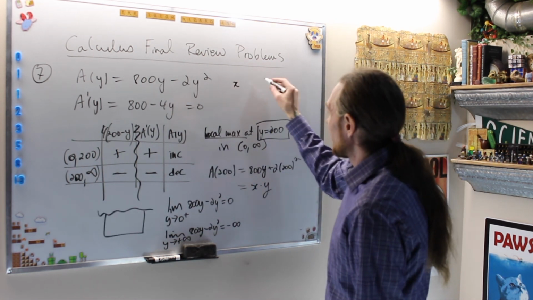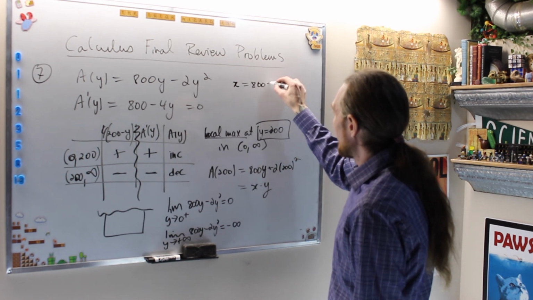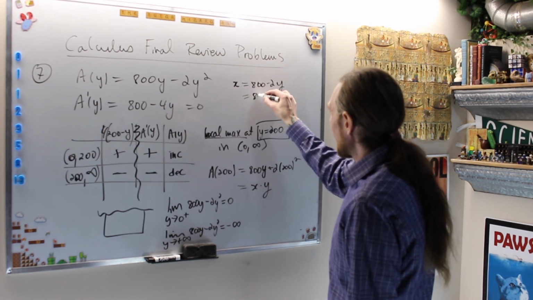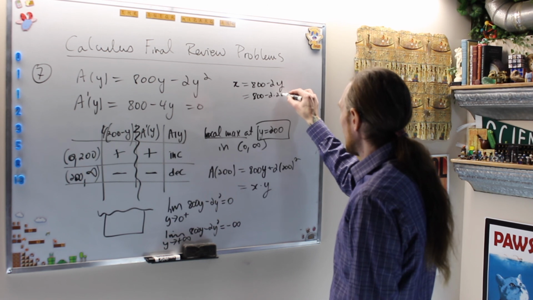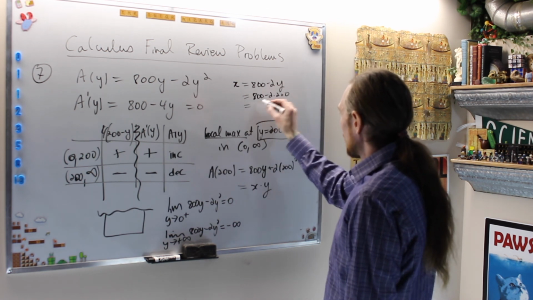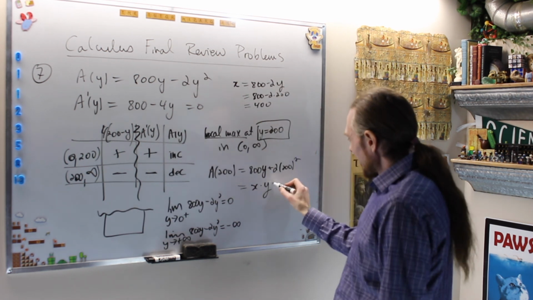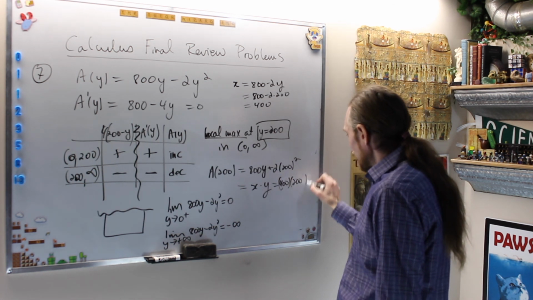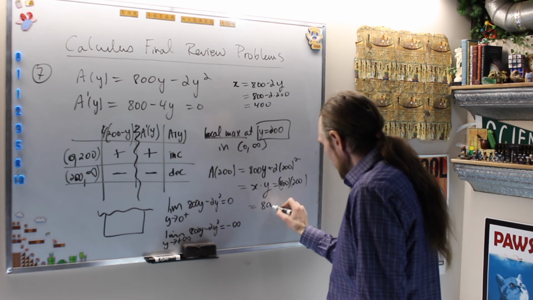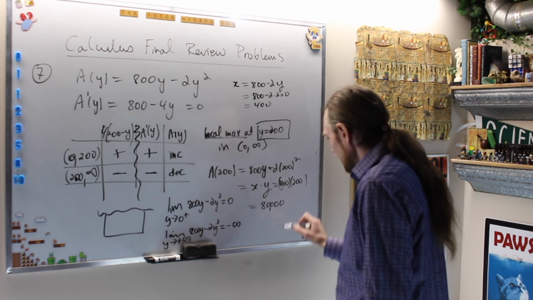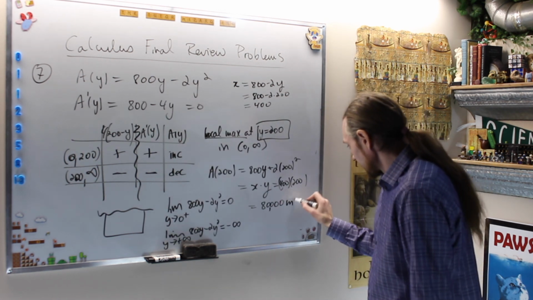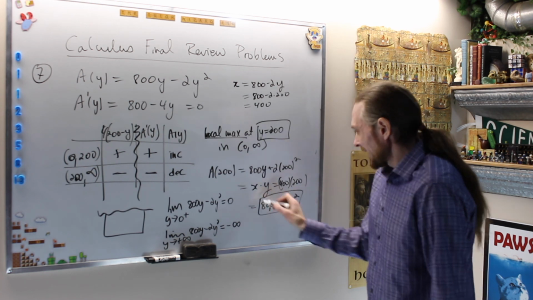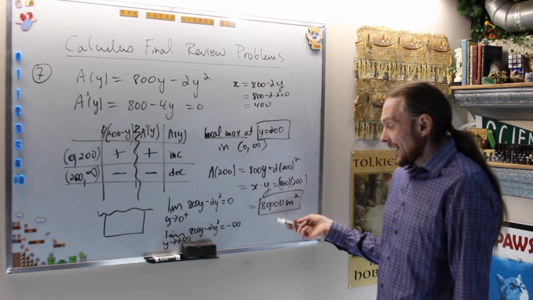From our original equation, x was 800 minus 2 times y, which is 800 minus 2 times 200, which is 800 minus 400, which is 400. So the area is 400 times 200, which is 80,000. And what were the units? Meters squared. So A of 200 is 80,000.